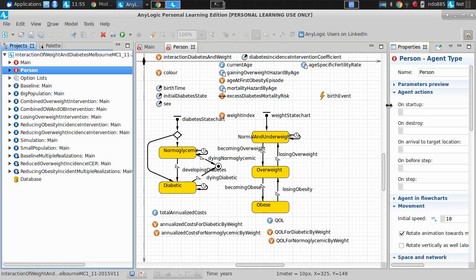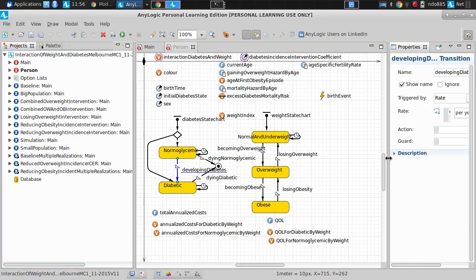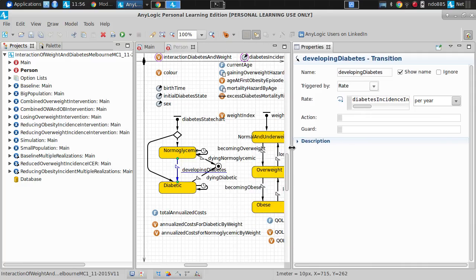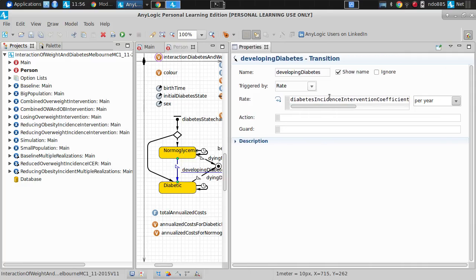And here we have individuals depicted with respect to their glycemic status, and we just had 2 glycemic categories, normo and diabetic, and then with respect to their weight status. What is worth remarking on is, first of all, that someone's likelihood of developing diabetes here depends on their weight status.